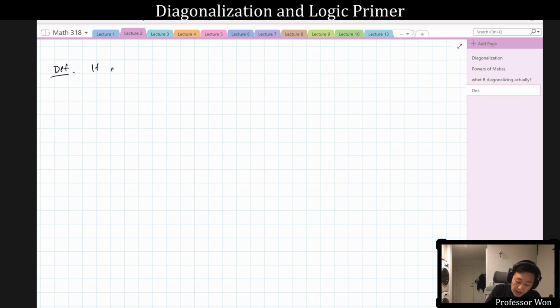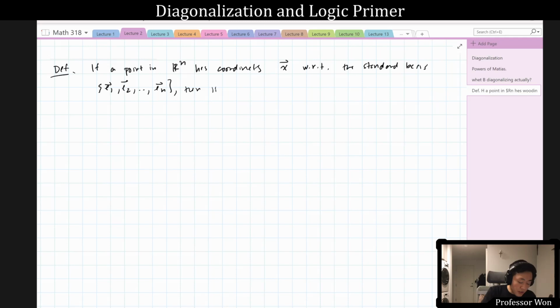So if a point in Rn has coordinates given by x with respect to the standard basis, which is the basis that we're all used to, let me give some notation. The standard basis will always be denoted E1 up through En.